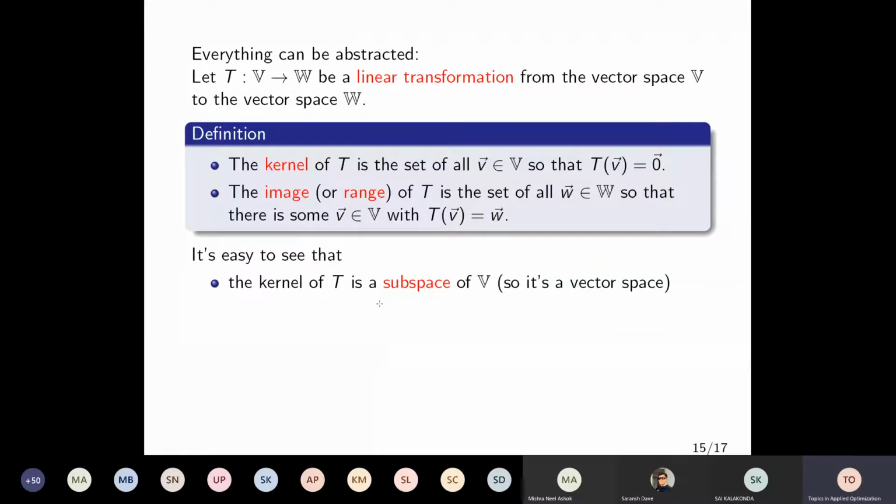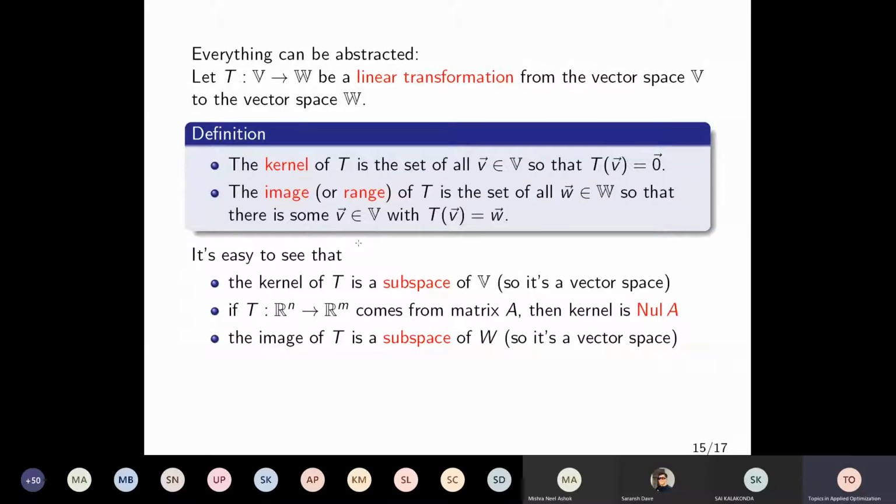It is easy to prove that the kernel of T is a subspace of V. Since we have identified that the kernel of T is nothing but the null space of the corresponding matrix of the transform, and we have already proved that this is a subspace, there is nothing much to do here. Similarly, the image is a subspace.